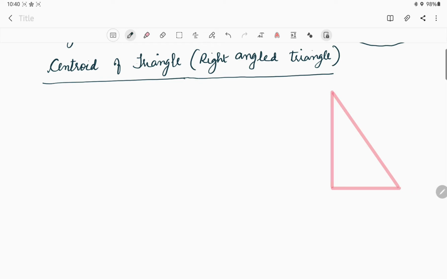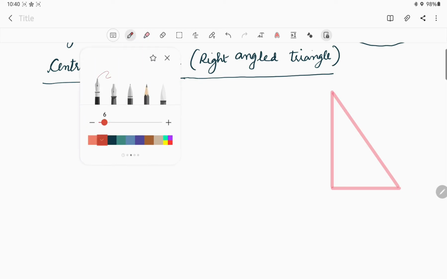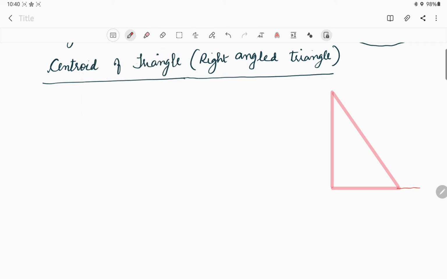We'll do one thing. This is my x axis and this is the y axis. So what we will be considering here is a horizontal strip.